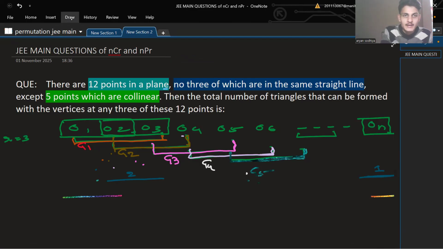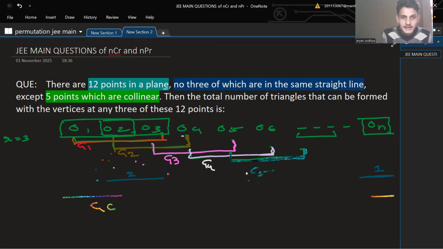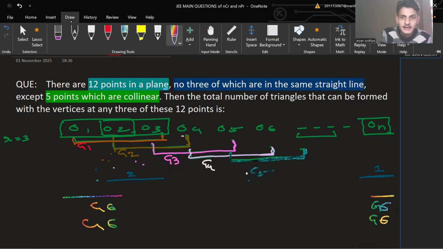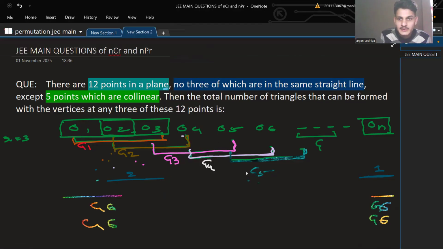If I have the elements O1, O2 with ON, I have a group that I can call G6. Another group painted green is the G7 group. In this manner, we can get many groups, so many groups are possible.